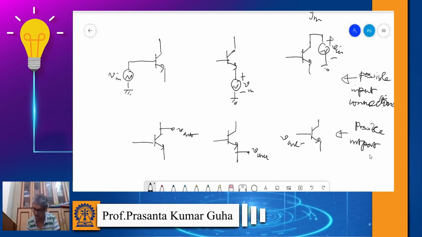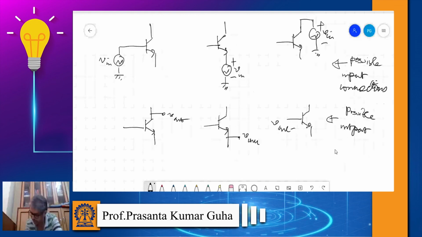Thus if we follow this rule, this particular topology we will not consider, because we are taking V out from the base.